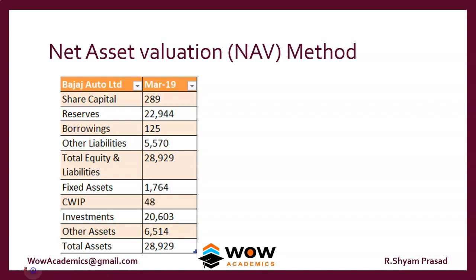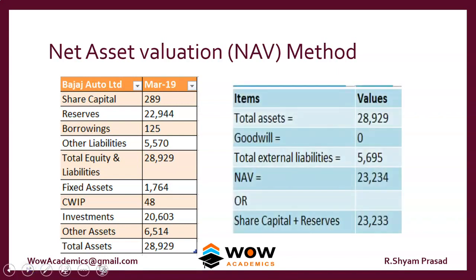So we look at an example. This is an example of Bajaj Auto. For example, take the total assets of the company, which is 2,928,929. So that comes to here. Then we have to check the goodwill and deduct it. Goodwill is not in this table, so we'll take it as 0.